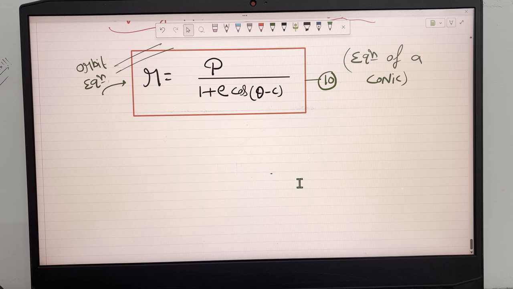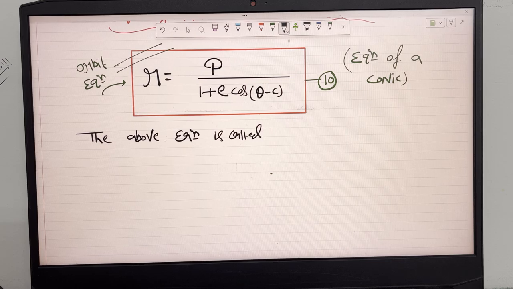So write, then after that I will write something. Fine. The above equation is called the conic equation, or equation of a conic.